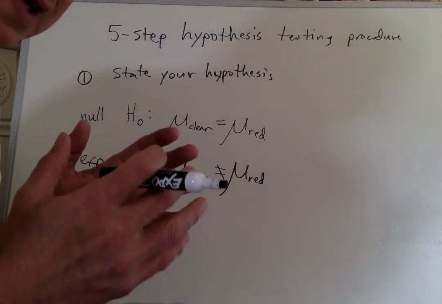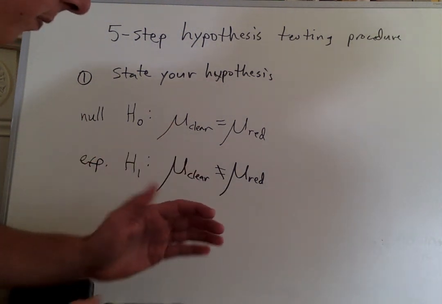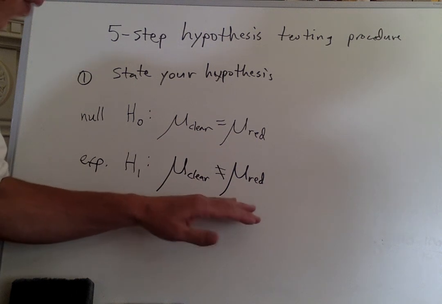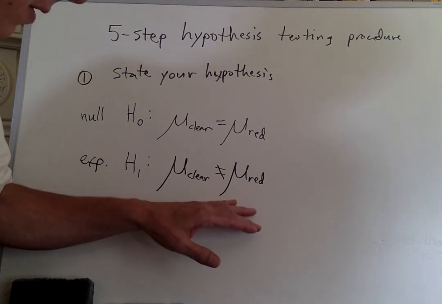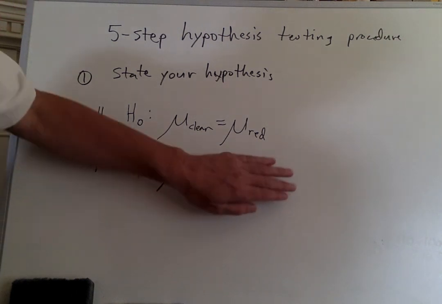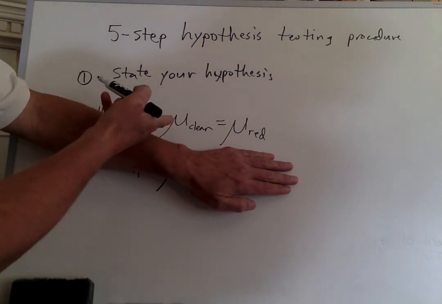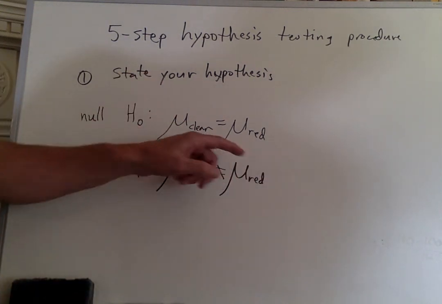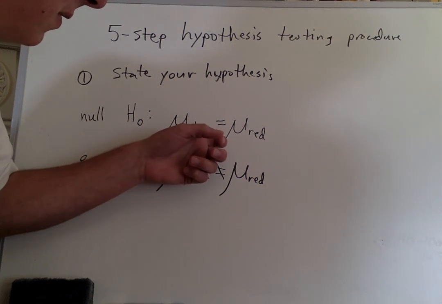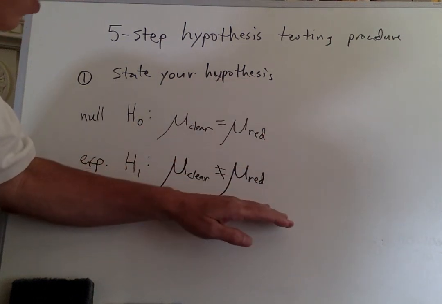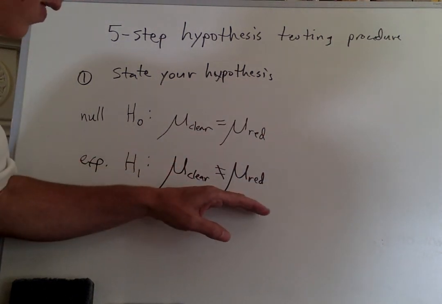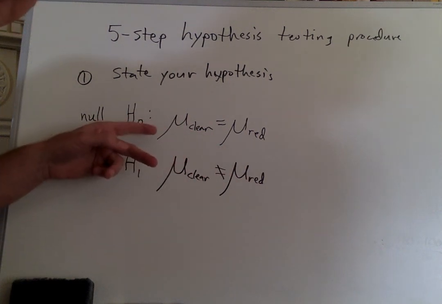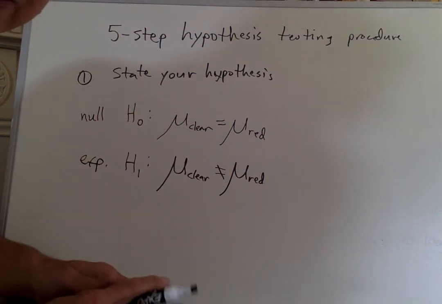So here's what we're going to do. We're going to use this Logic 101. It would be difficult for me to prove this hypothesis. But I'm going to see if I can disprove this hypothesis. If I disprove this hypothesis, then all I'm left with is this one. These 2 hypotheses need to fulfill 2 requirements.